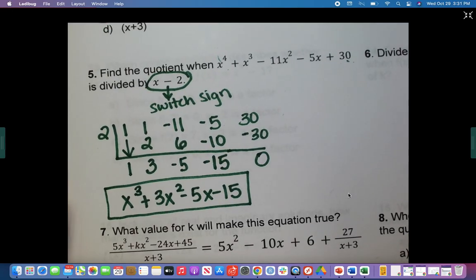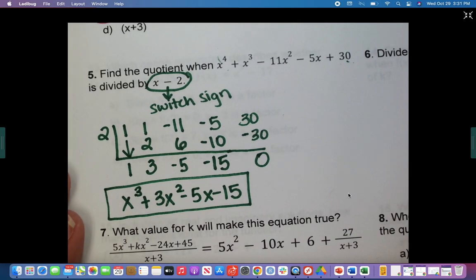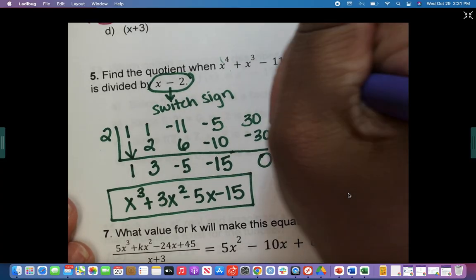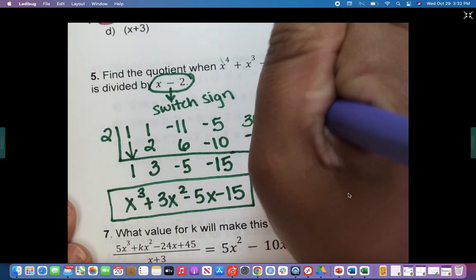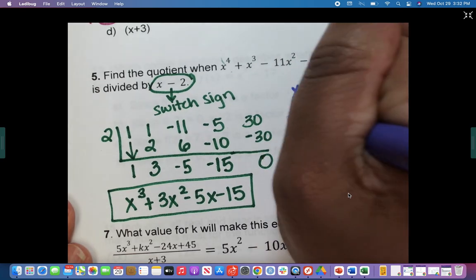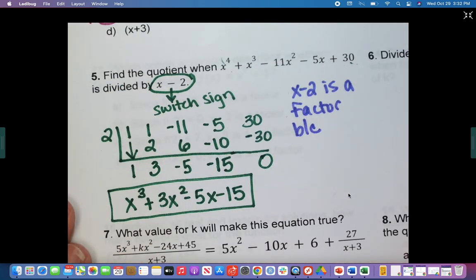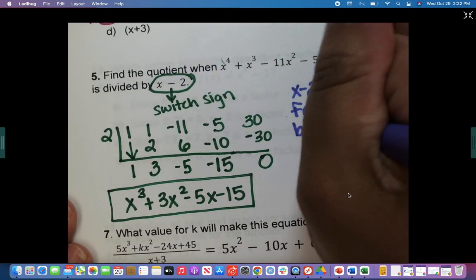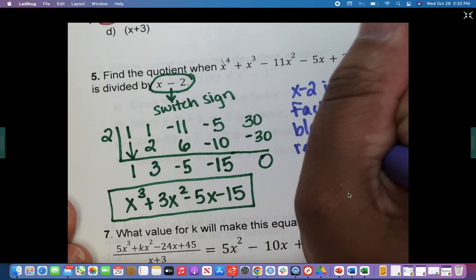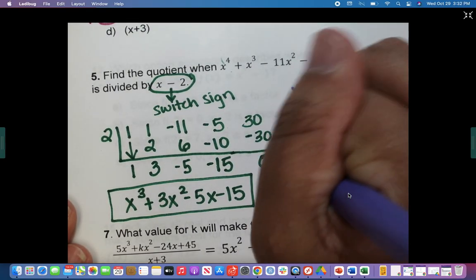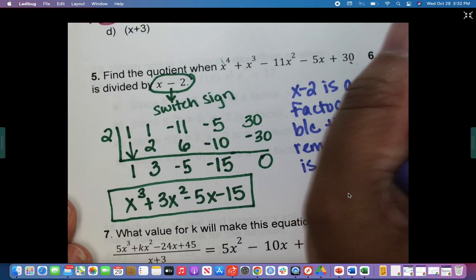And I'm going to add this in even though it's not asking, but I'm going to write it in a different color so it stands out. Yep, we'll use purple because why not? All right, so x minus 2 is a factor because the remainder is 0.